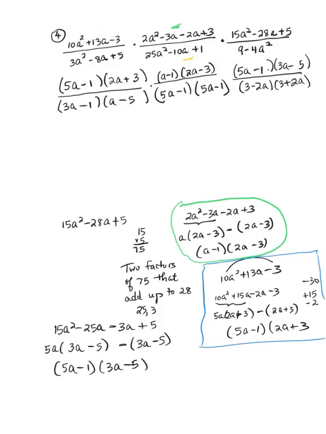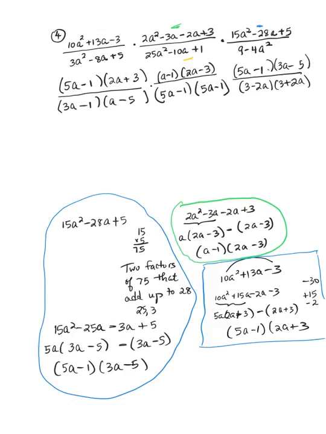To factor the 15a squared minus 28a plus 5, I have that work here. So I multiplied the 15 by 5 to get 75. Two factors of 75 that add up to negative 28 would be negative 25 and negative 3. We put them in the middle, and we factor by grouping, and the correct factorization is 5a minus 1 times 3a minus 5. And then 9 minus 4a squared is just the difference of two squares.